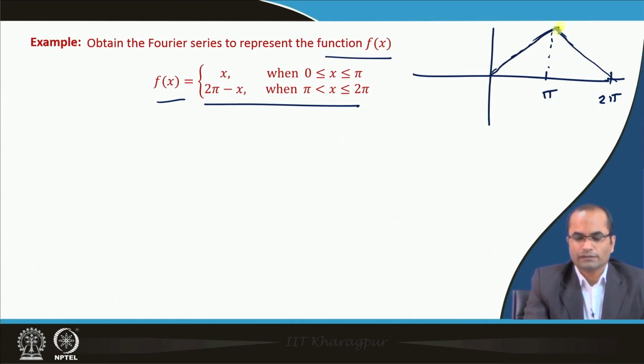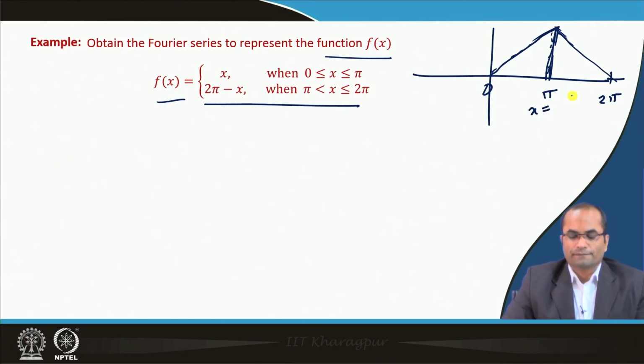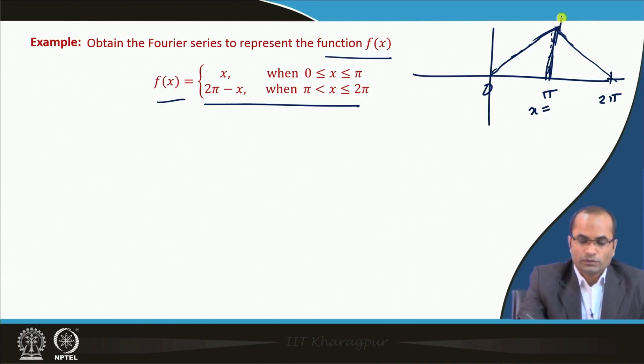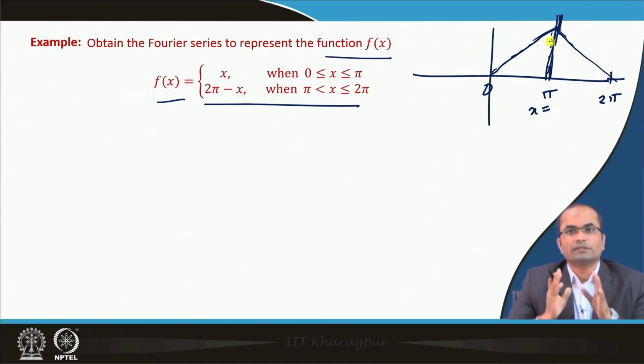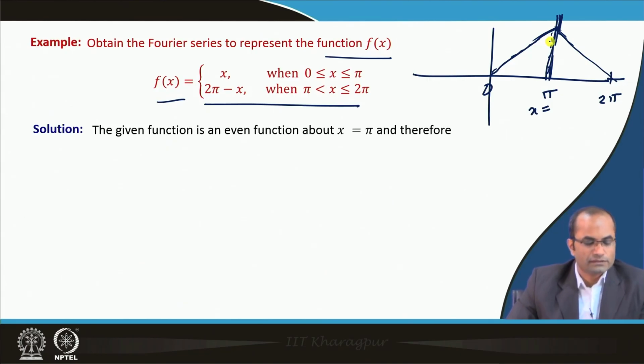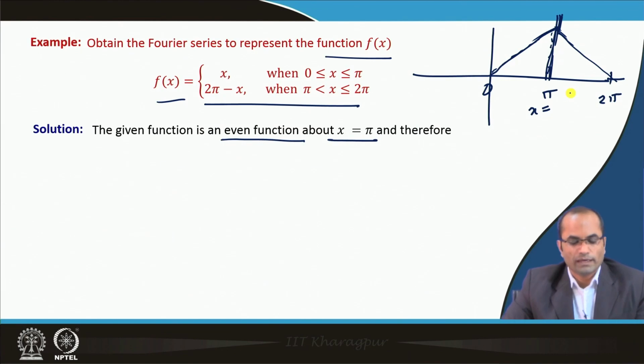So, we have this kind of hat function, which is symmetrical around x equal to pi. So, it is an even function around x equal to pi, and then we can apply the result which we have discussed earlier. The given function is an even function about x equal to pi.